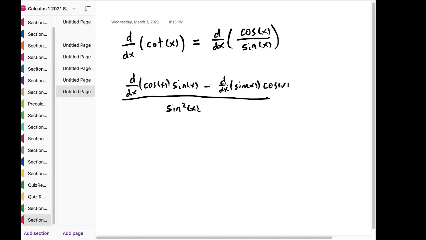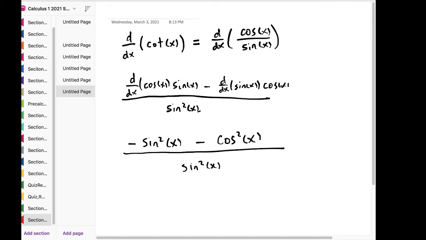Okay, so what's the derivative of cosine? Oh yes, negative sine. Thanks. So negative sine squared. And then minus, and then what's the derivative of sine? Cosine.